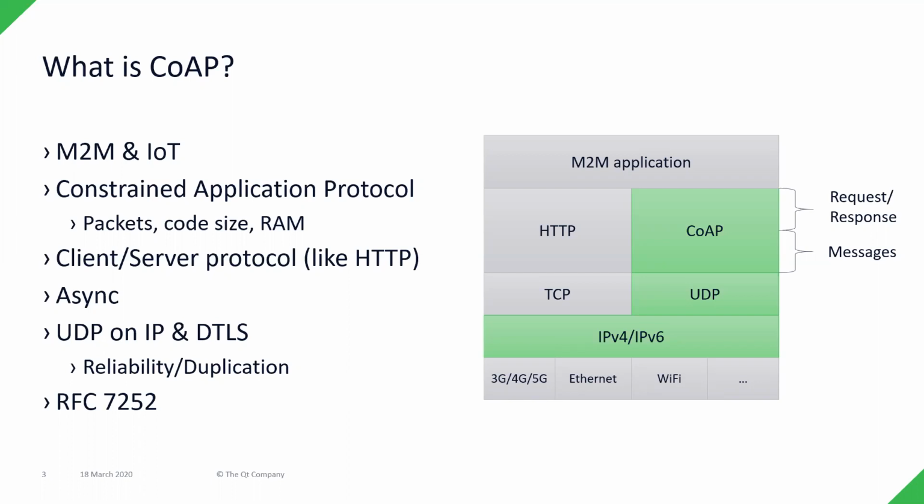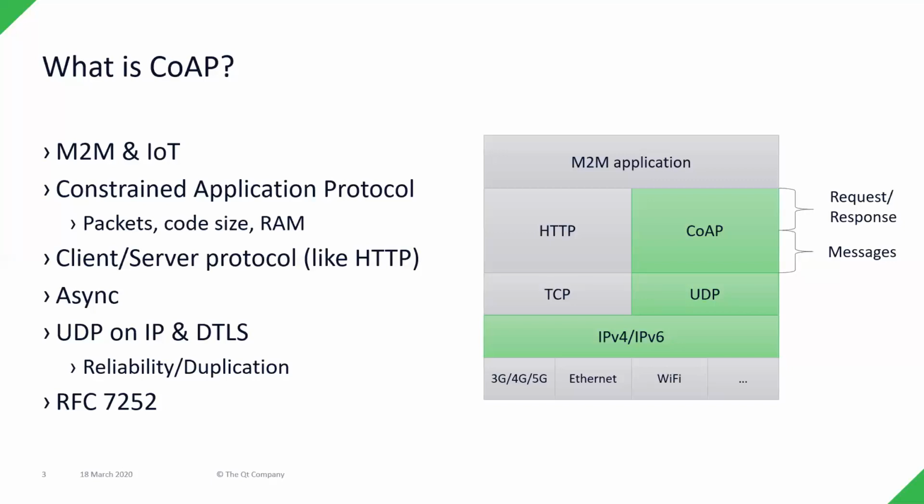It's a client-server protocol, very much like HTTP, and in fact, CoAP borrows a lot of concepts from HTTP. The biggest difference here is that CoAP runs exclusively on UDP. HTTP is mostly TCP-based, as you probably know. CoAP tries to leverage the benefits of UDP, while at the same time adding a few pieces left and right, which give you some of the convenience that TCP, as a connection-based protocol, can provide.